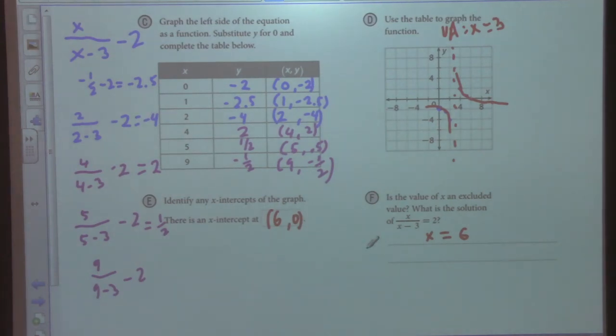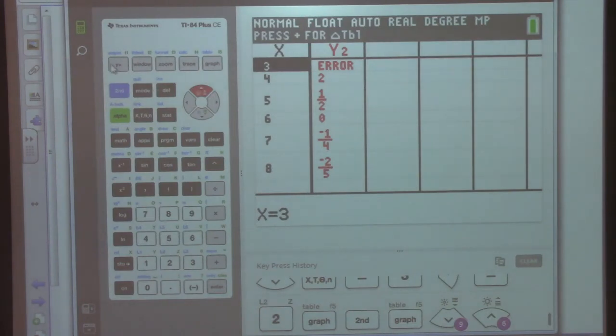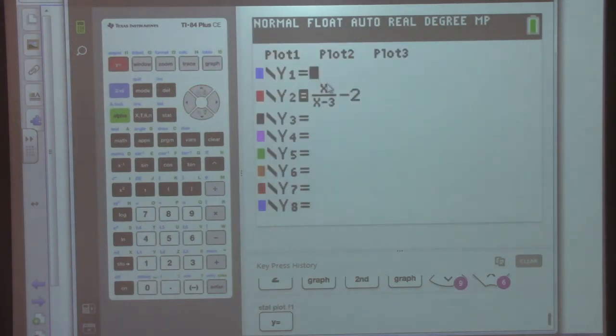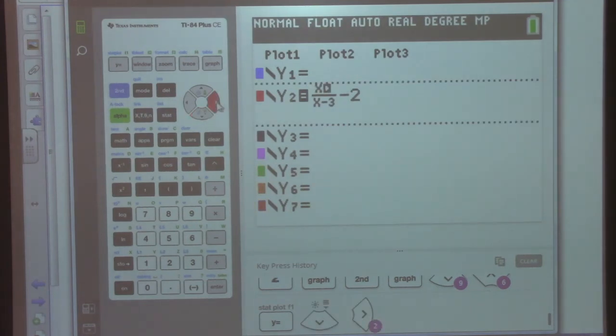And I like the way the book does it here, because a lot of times you'll see the books, instead of solving the equation for 0, this is how they'll do it. I'll show you how they do it. They did it the way I like them to do it.